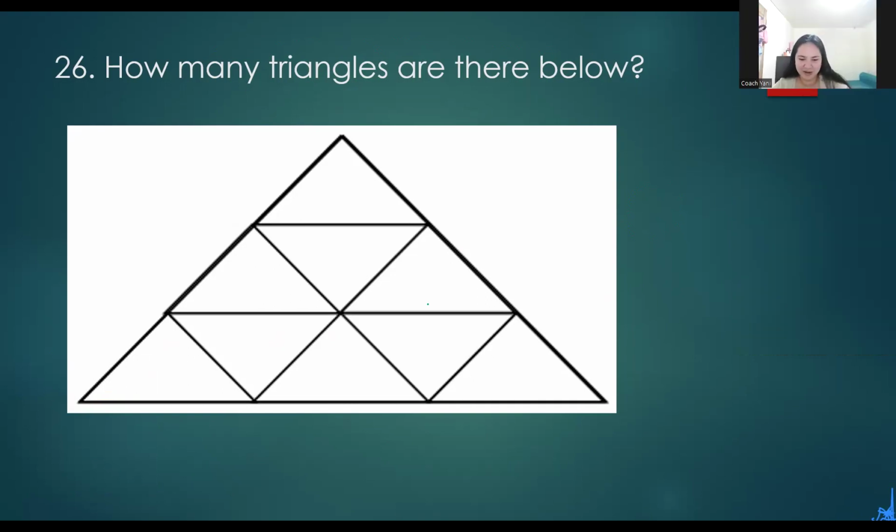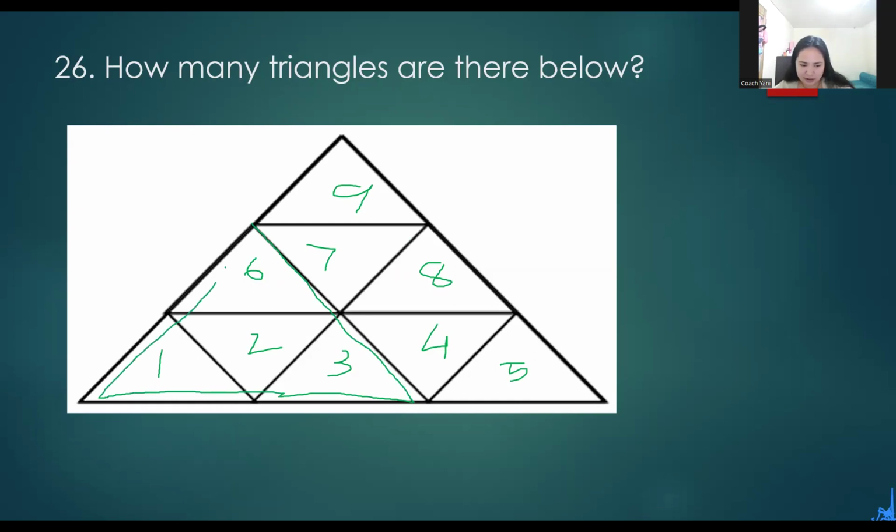All right, let's count. So you have 1, 2, 3, 4, 5, 7, 8, and then 9, right? And then you have this one, 10. You have this one, 10. And where else? You have this one, 11. Can you see the yellow that I'm drawing?